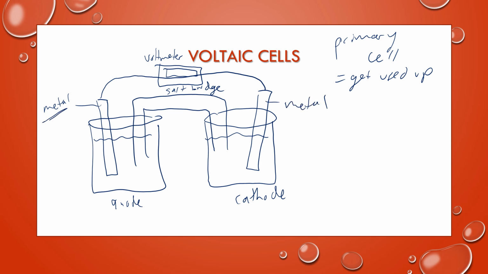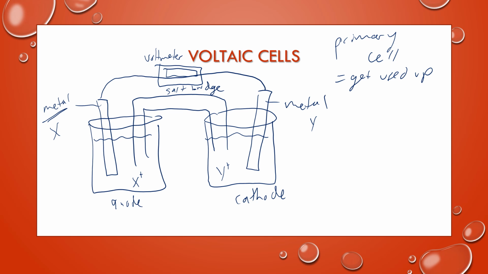Let's call this one metal X and this one metal Y. Whatever metal you have on the anode, solid, you should have metal ions within the solution. And whatever metal you have on the cathode side, you should have the same metal ions in the solution.